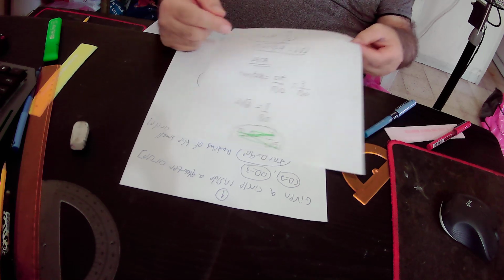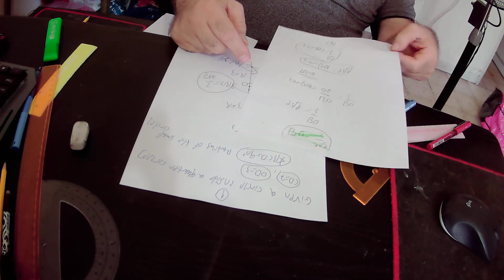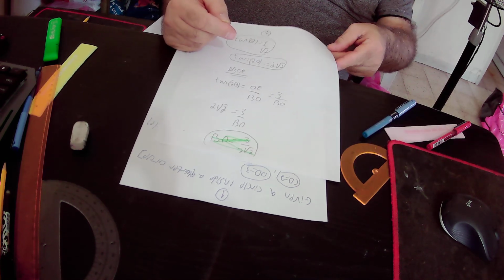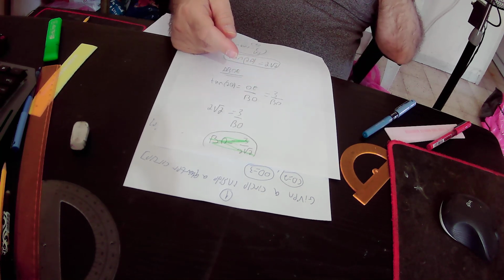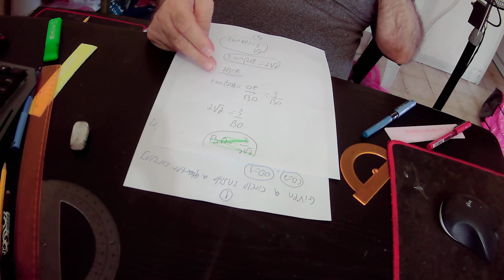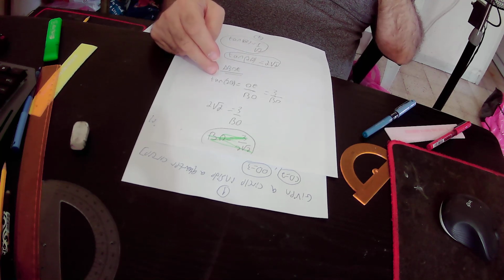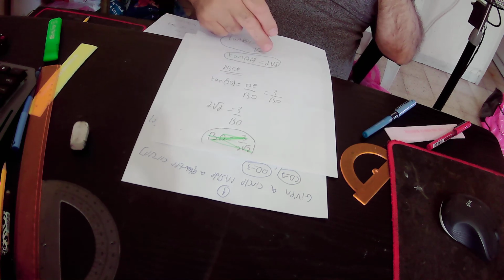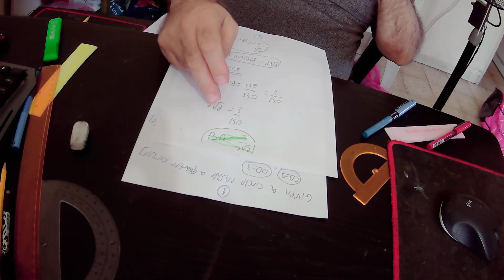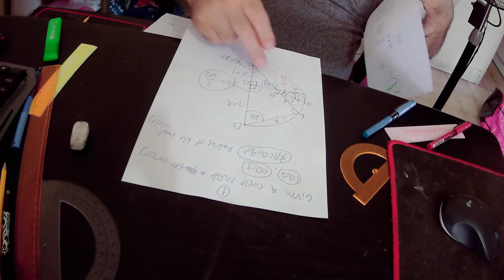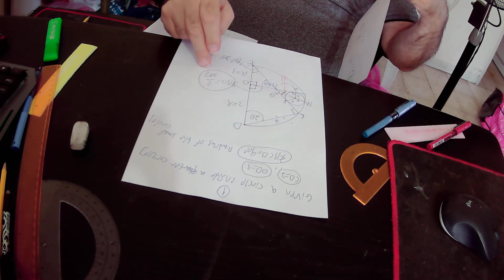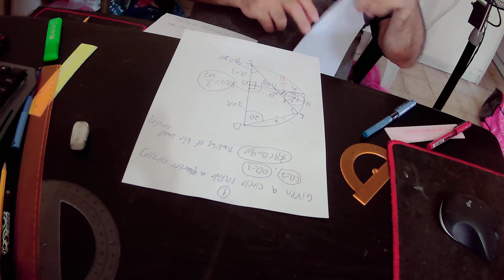But OE is the radius of the semicircle. It equals 3 units. It is given in the question. OE is 3 and BO is BO. We substituted tangent 2 theta by 2 times root 2, and we found that BO equals 3 over 2 times root 2. Okay?